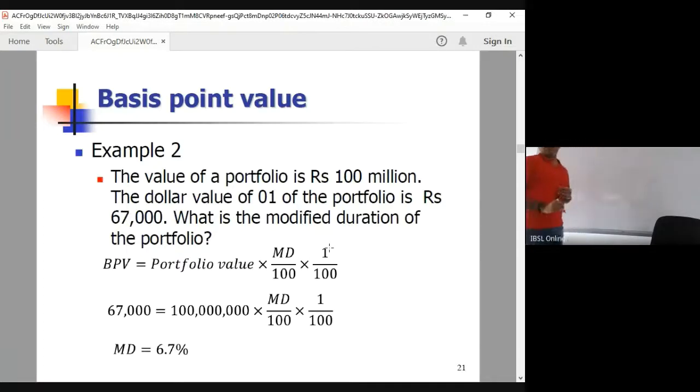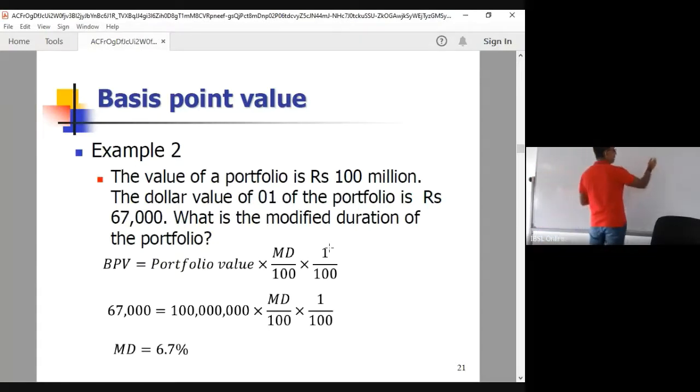What is the modified duration? It's telling you to calculate what the impact is, and based on that, you reverse engineer it. So you have 67,000, which we calculated in the previous sum, and you have the portfolio value, which is 100 million. You have to calculate what the modified duration is. We don't know what this is.